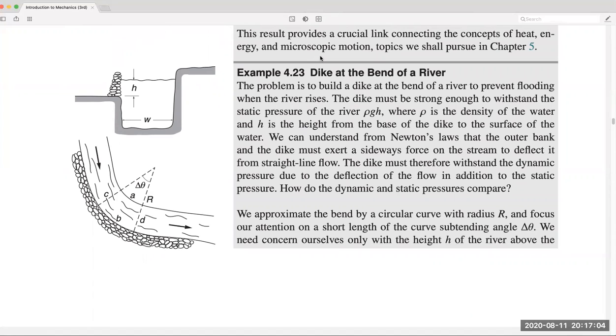Which diagram do you refer to? Is it the one at the bottom? Yeah.